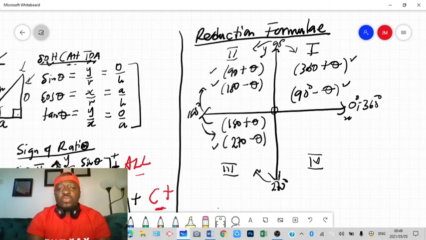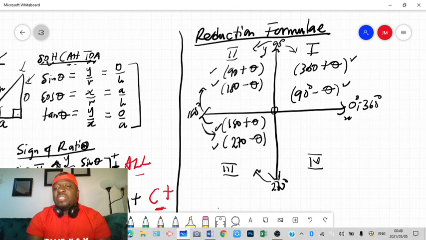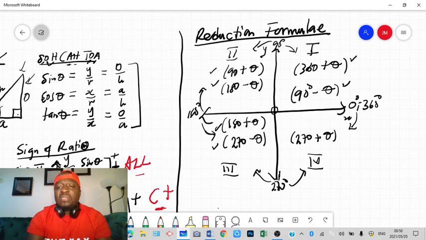That is the other two for the third quadrant. And lastly, the last two that you would need to know are in the fourth quadrant. Above 270, you would have 270 plus theta, and below 360, you would have 360 minus theta, which is very important.